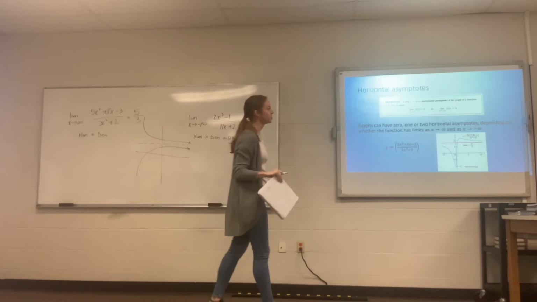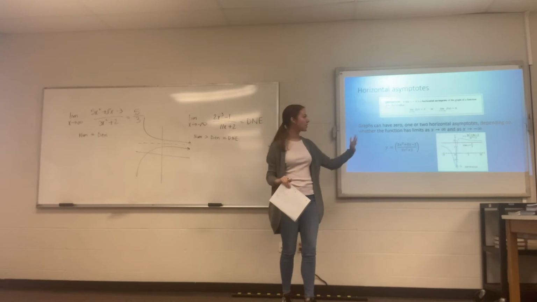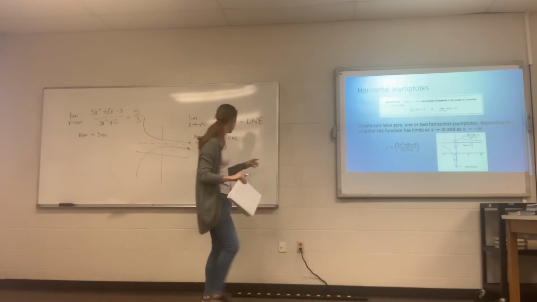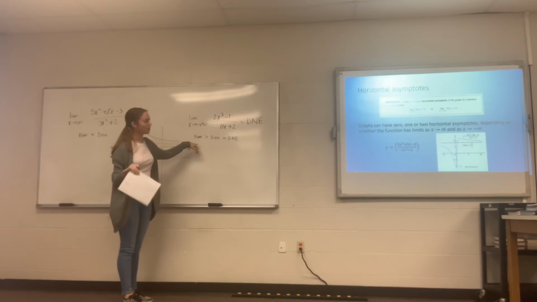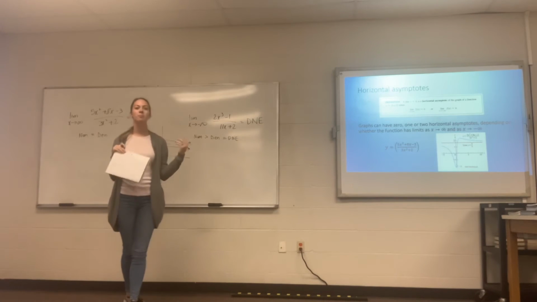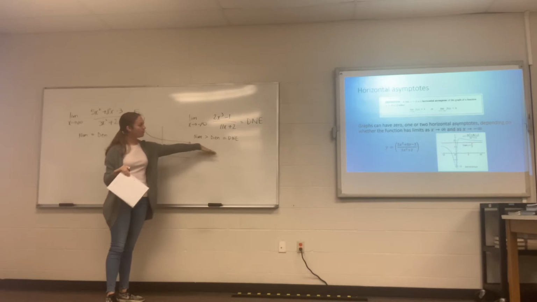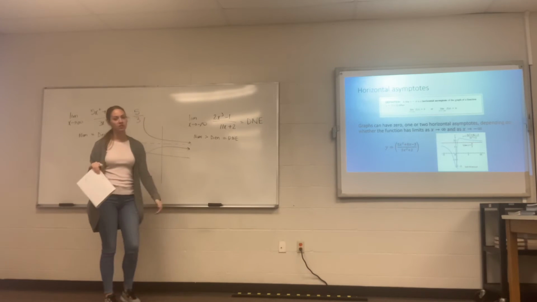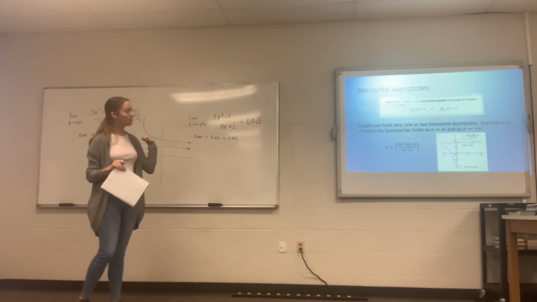By definition, it just says it's the limit as x approaches positive infinity of some function. So as I'm coming out to positive infinity, I'm approaching some b value, so just some value. Both of these lines, as I'm going out to positive infinity, are approaching that value. Okay, so that'd be your horizontal asymptote. And then same thing with the negative.